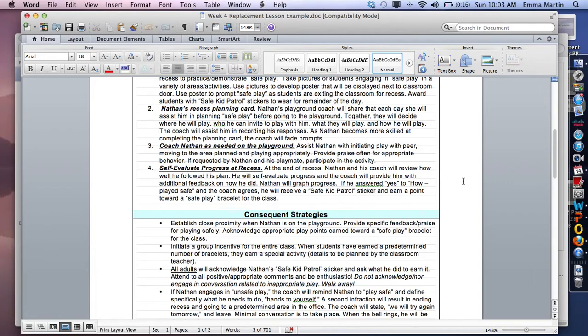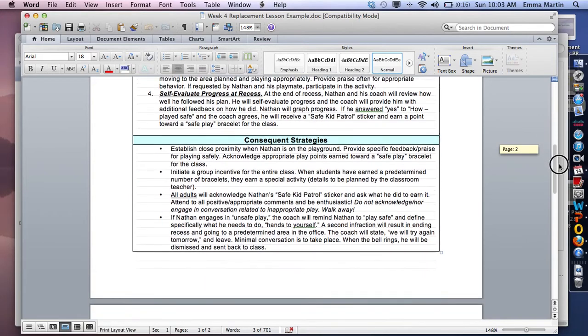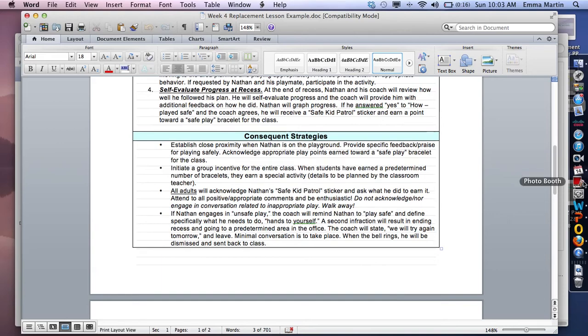Now, if he had problems on the playground, or if he started to tell the adult, well, you know, he did this or he did that, they would just walk away. Okay, so that was important. And you can see we actually set that up on here for the adult to attend to.